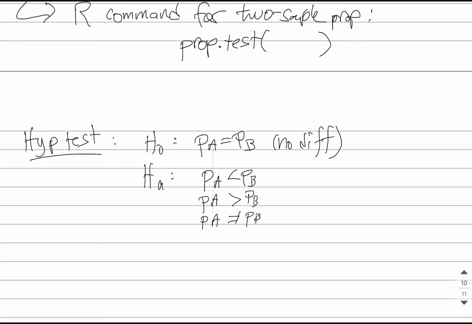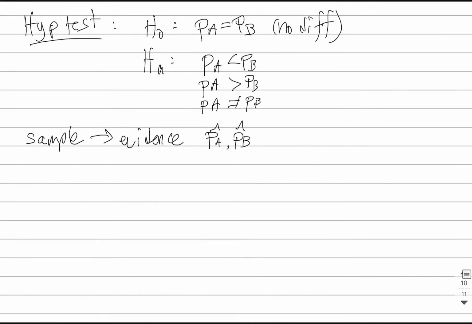What you need to do is you need to construct a sample statistic to get some evidence. So your sample is going to provide you with your estimators P hat A and P hat B. And what you need to do is form your sample statistic. Now we know that the hypothesized value here is going to be PA equals PB, or another way of putting it is that PA minus PB is 0.